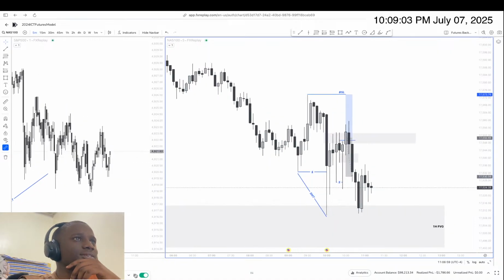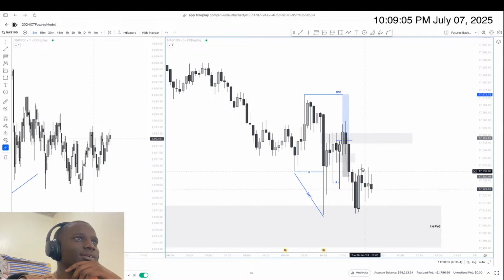Let's take read price here, nothing else. We created another fair value gap, it gets respected.